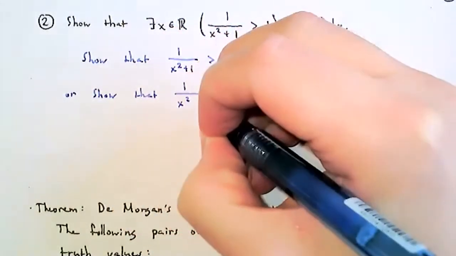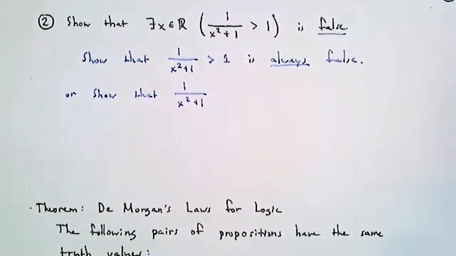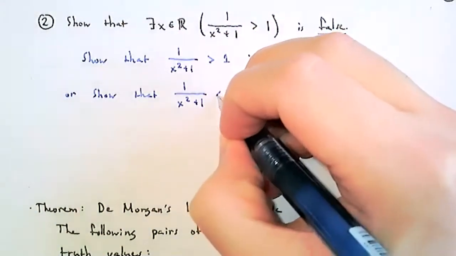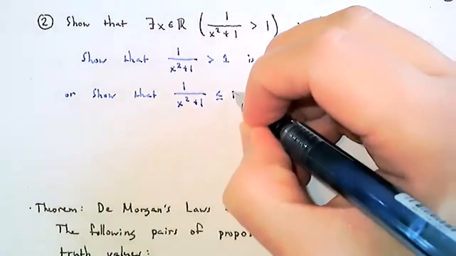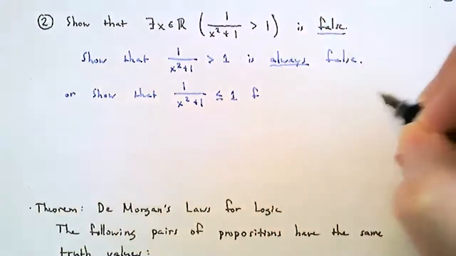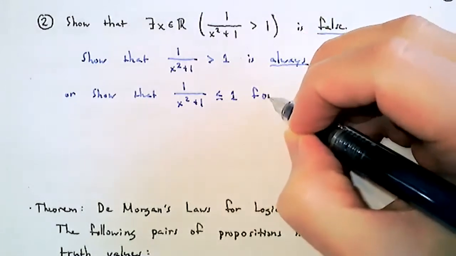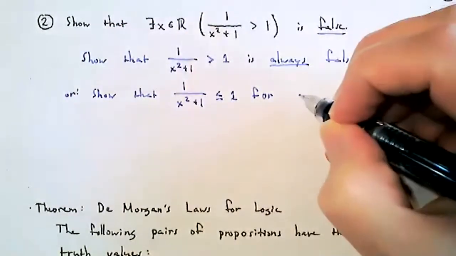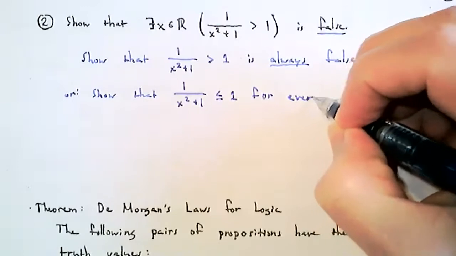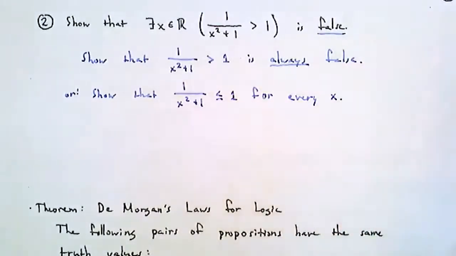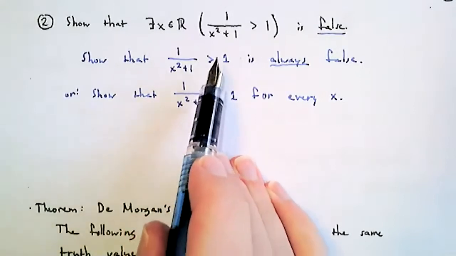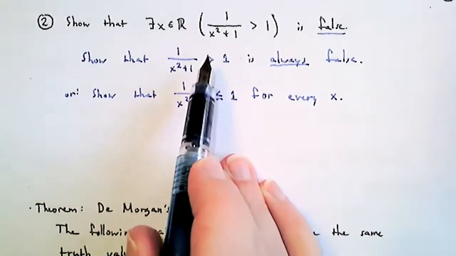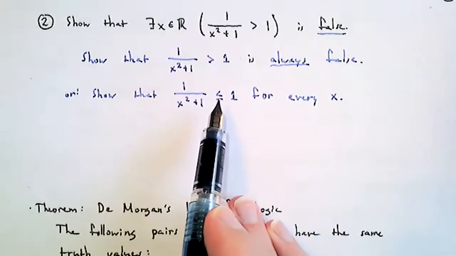So we have to show that 1 over x squared plus 1 is less than, actually, or equal to 1 for every x. Because if it was actually equal to 1, then this strict inequality would be false still. So it could be equal.